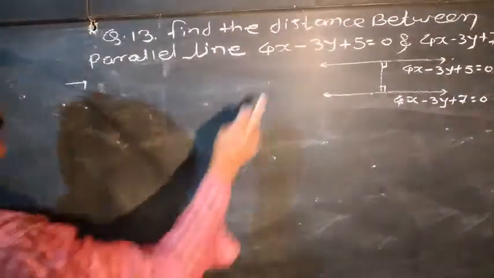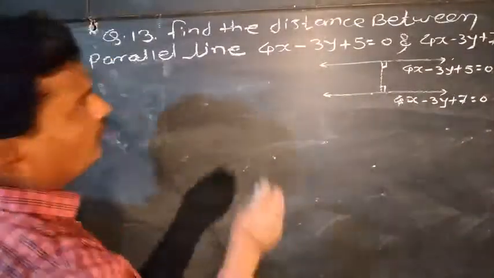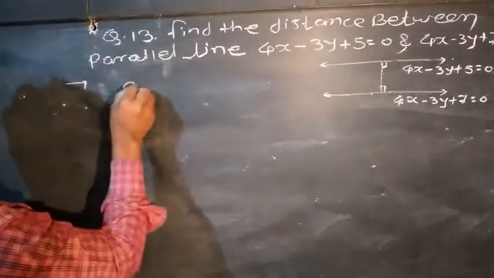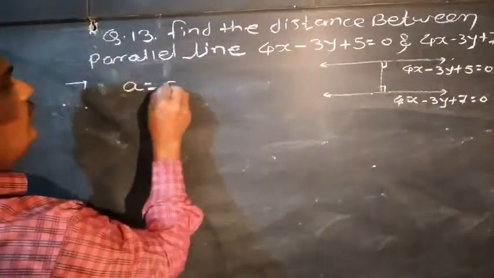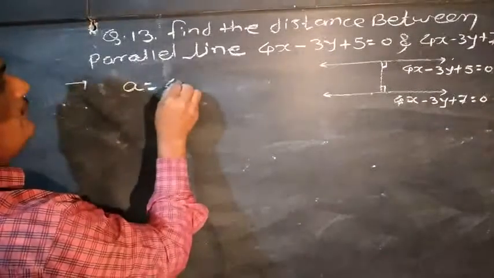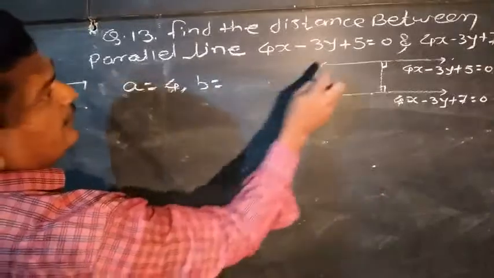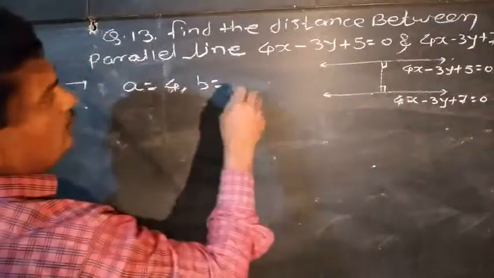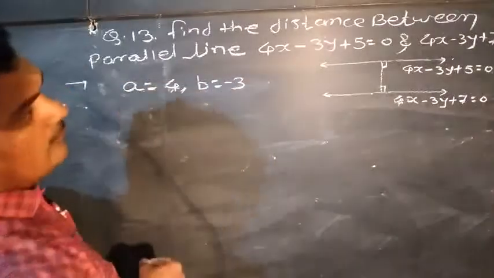Comparing this equation with ax plus by plus c is equal to 0, for both equations, we get the value of a is equal to 4, given in the question, and the value of b, taking the y coefficient, is equal to minus 3.